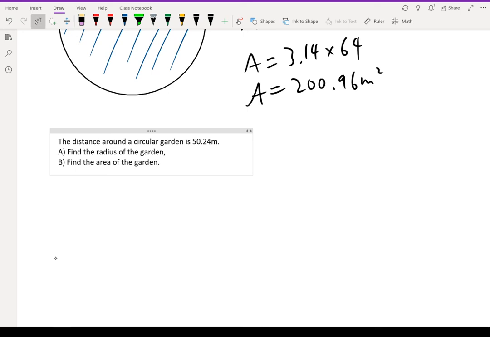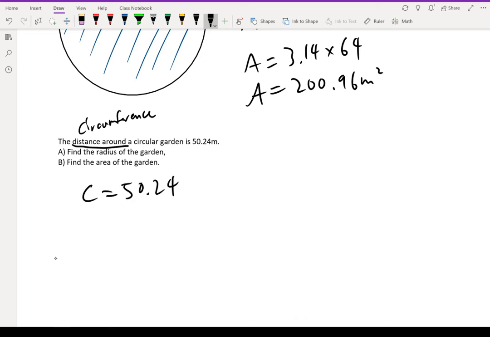Well, distance around means circumference. Okay, so you need to be able to see the question and understand what is given. That is the circumference, which means that C is equal to 50.24. If we're going to put in the equation, circumference is equal to 2 times pi times r. That's what we need to find, and we're going to substitute in the values.